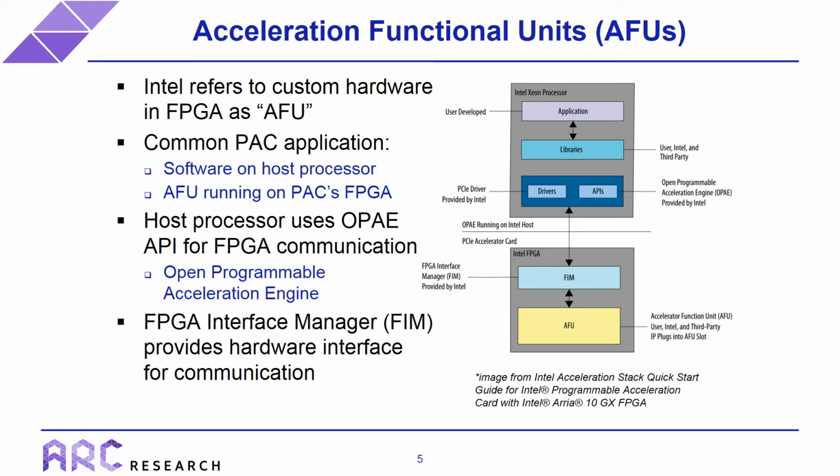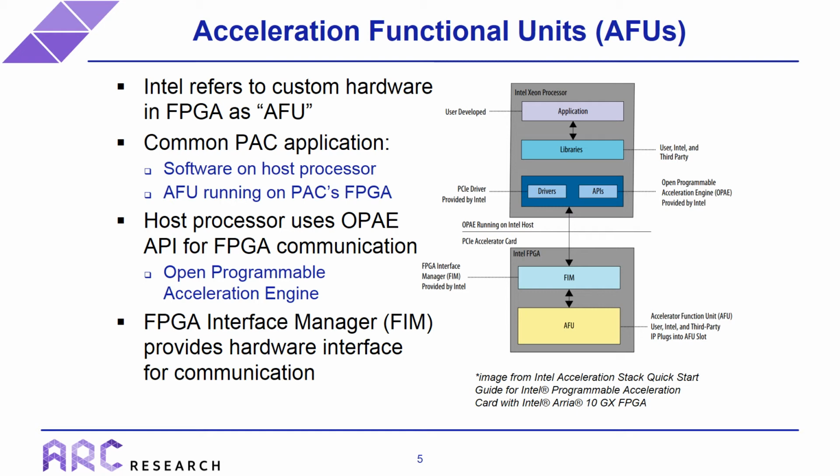Typically the host processor will be executing some software that uses the OPAE API, or the Open Programmable Acceleration Engine. What this does is it handles communication between software and the FPGA. It basically hides all of the low-level details of PCI Express transfers and provides a more abstract API so that the processor can communicate with the AFU.